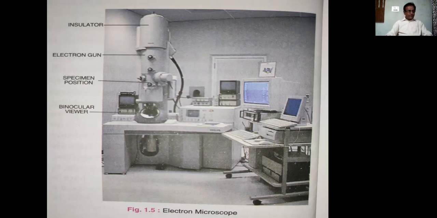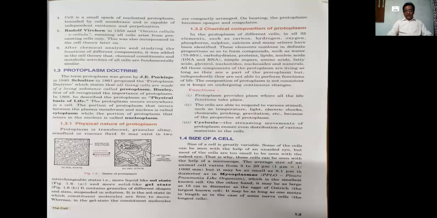In the cytoplasm, a number of organelles are found, small compartments. Among them, the nucleus is very important. The nucleus is the center of the cell. So three things, nucleus, cytoplasm, and cell membrane, all together constitute the cell.